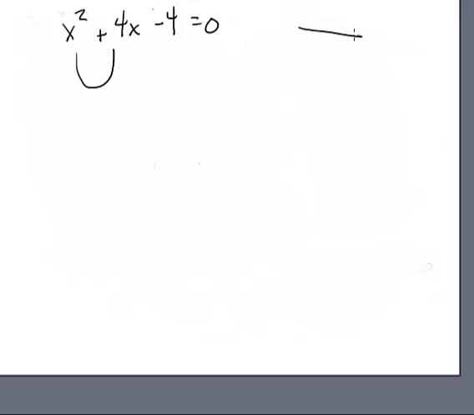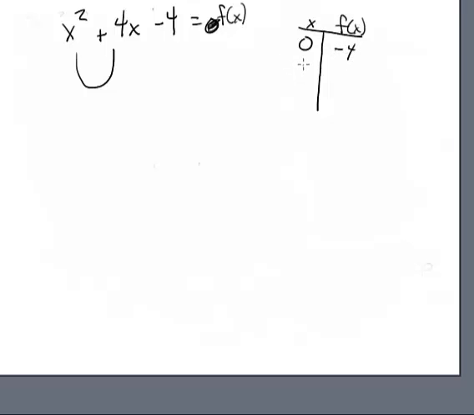We don't know where it's going to be, but we know it's going to open up. So let's make a table here, and let's see if we can figure out what our f of x is going to be. We'll make this f of x right here. All right, so if I put 0 in for x, that's 0 squared plus 4 times 0, all that's 0, minus 4, I get negative 4.